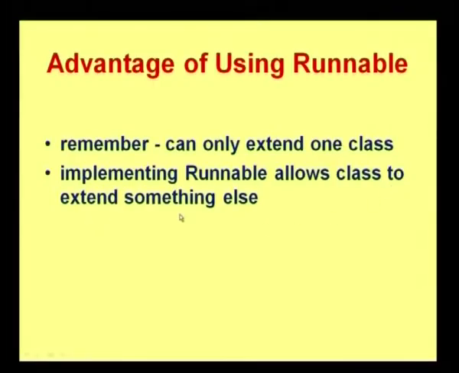Or else, whenever I create my thread, I can pass another object which implements the runnable interface. So the same thread could switch between various processes or applications. Remember that you can extend only one class. So, implementing runnable allows the class to extend something else. Whenever I implement this, I can also extend some other class, both are possible.